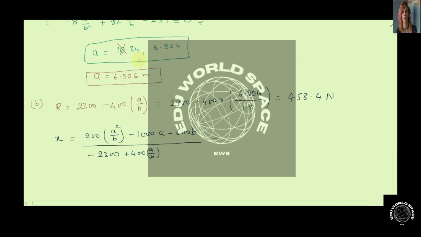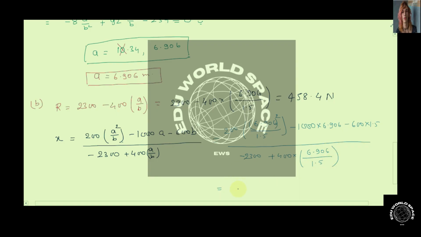So this will be 200 multiplied by 6.906 divided by B, that was 1.5. This term will have 4 square minus 1000 A, and A is 6.906, minus 600 multiplied by 1.5, whole divided by minus 2300 plus 400 multiplied by A upon B, and A is 6.906 divided by B is 1.5.